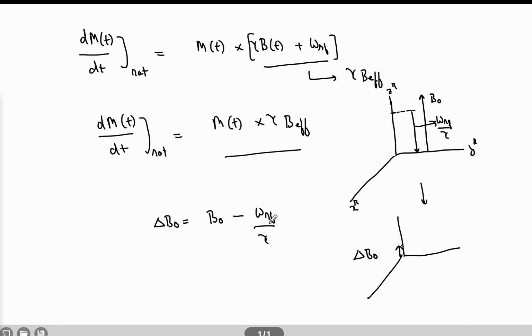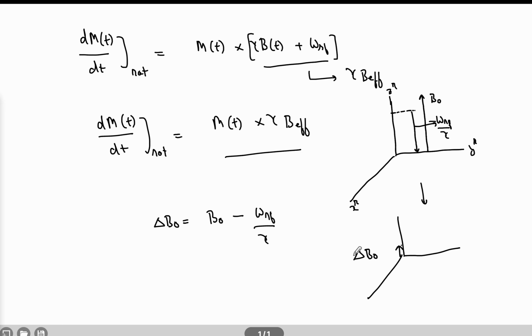So this is a fictitious field which is basically generated by rotation of the coordinate frame, so that it reduces the original field which is experienced by the spins.